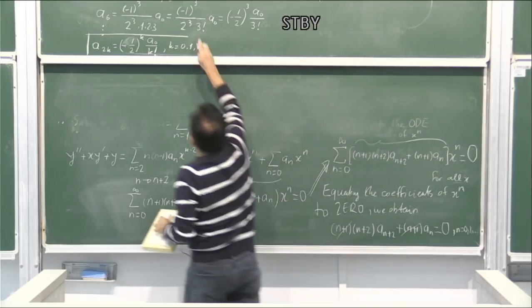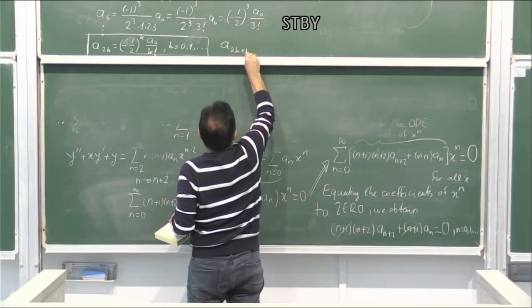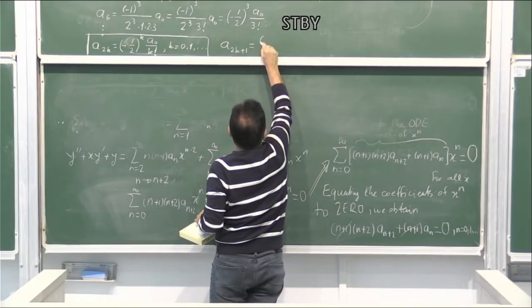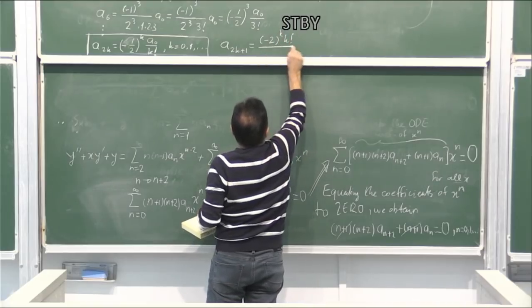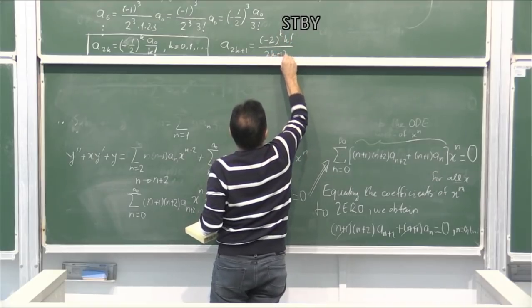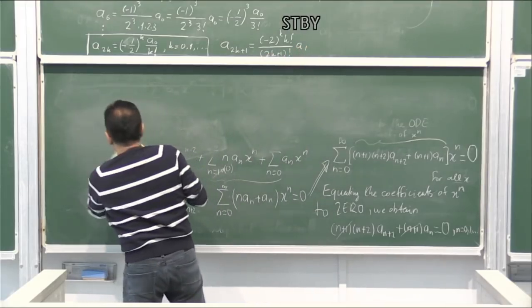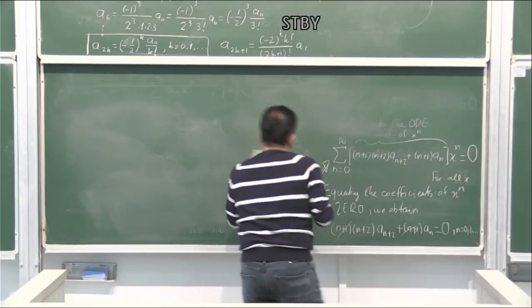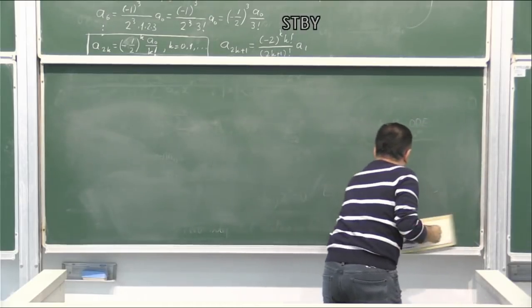So here is a2k and a2k plus 1 has the form minus 2 to power k, k factorial over 2k plus 1 factorial a1. Okay? So splitting this series solution into two parts.